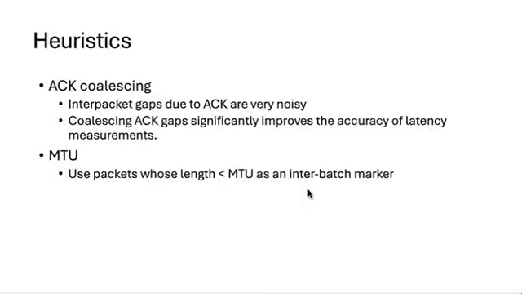The interpacket gaps due to the data packets implicitly include the interpacket gaps due to the acknowledgement. The second one is MTU. A packet with length less than MTU is used as an indicator of the last packet within a batch.